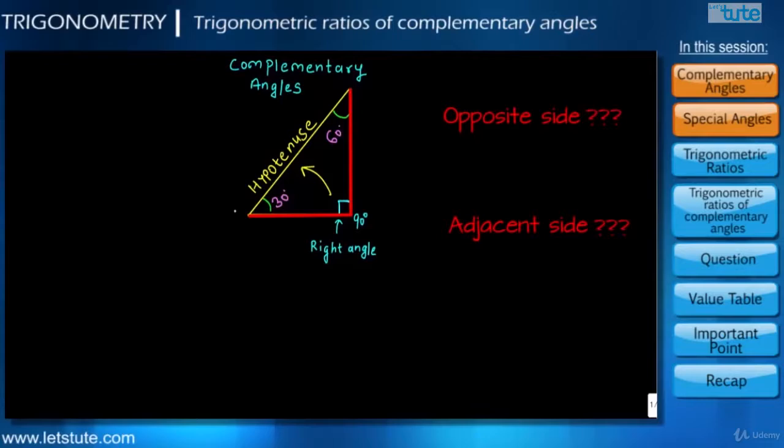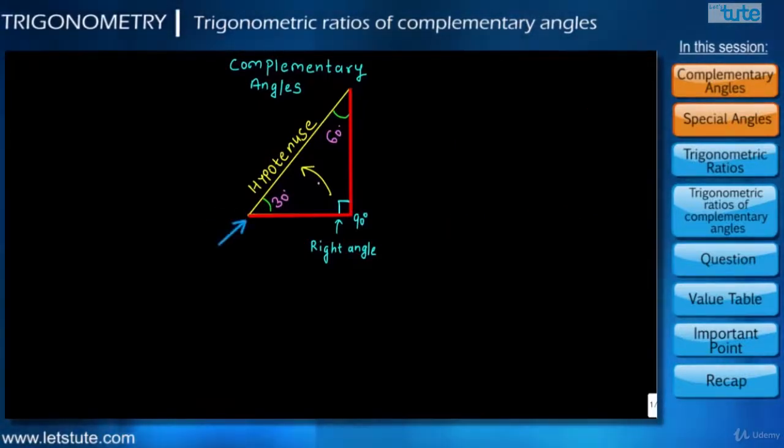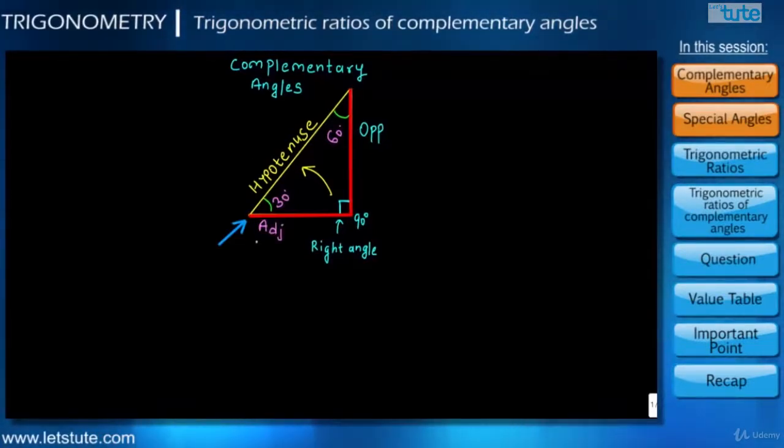But which side is the opposite side and which side is the adjacent side all depends on from which angle you look at it. So if I look from say the 30 degrees angle, then the side which is opposite to 30 degrees is called the opposite side, and the side which is adjacent to 30 degrees is called the adjacent side.